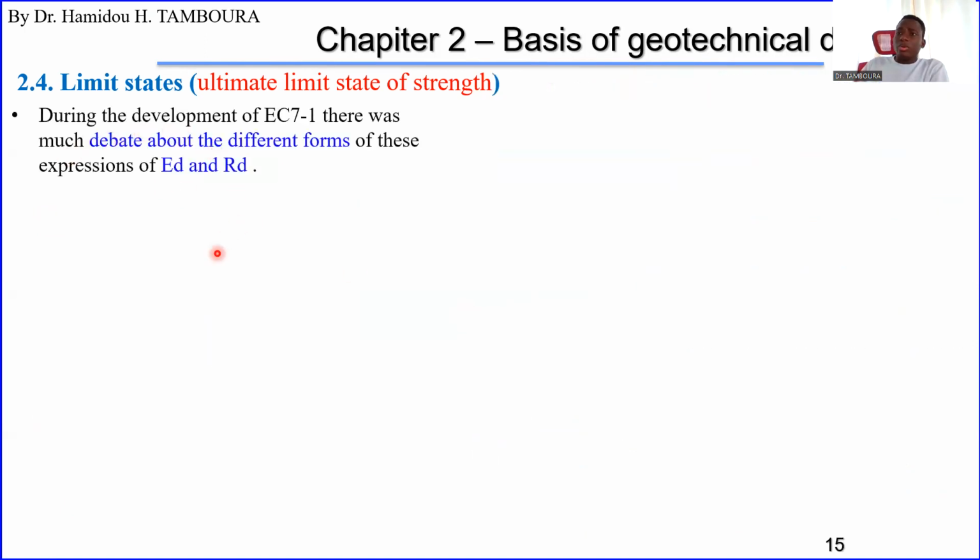So during the development of Eurocode, there was much debate about the different forms of the expression of Ed, design effect of action, and design resistance.